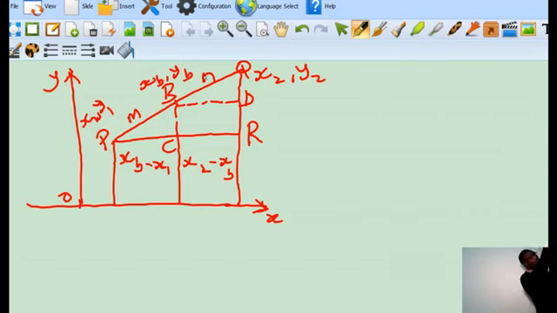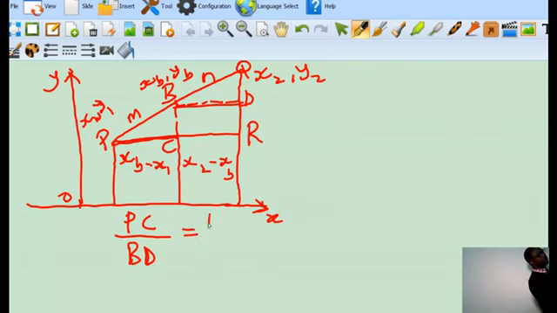Now we can say that PC, the first half of the line, over BG, the second half, equals PB, the first one, over BQ, and that is equal to m over n. PB is equal to m, and BQ equals n.